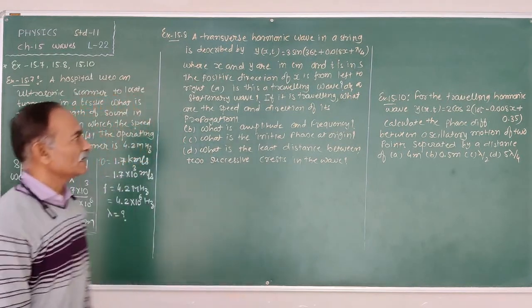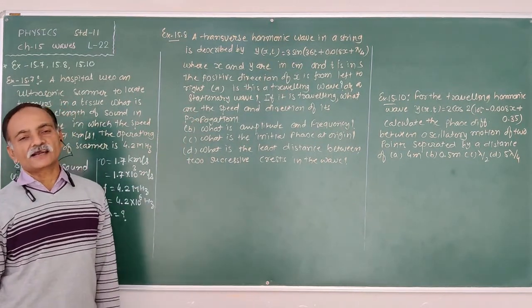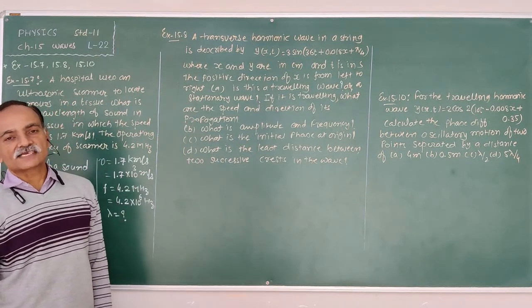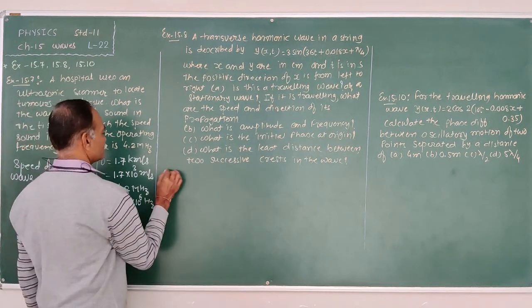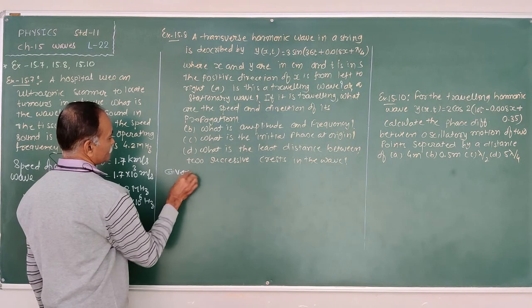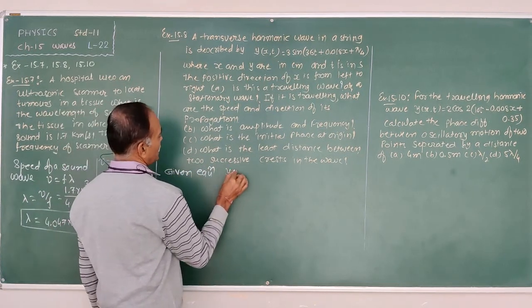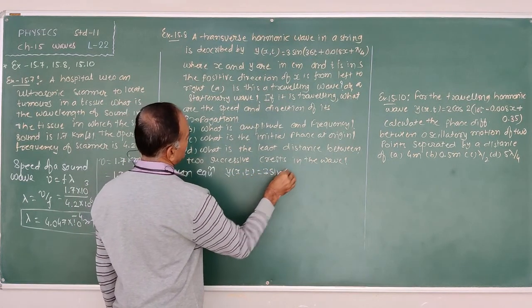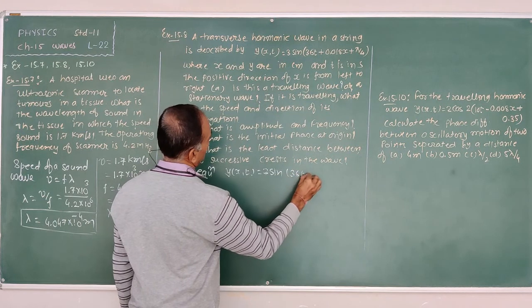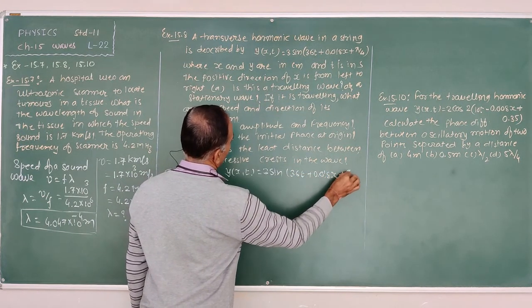For that purpose, first the given equation is compared with the standard transverse harmonic wave. The given equation is y(x,t) is equal to 3 sine (36t plus 0.018x plus pi by 4).